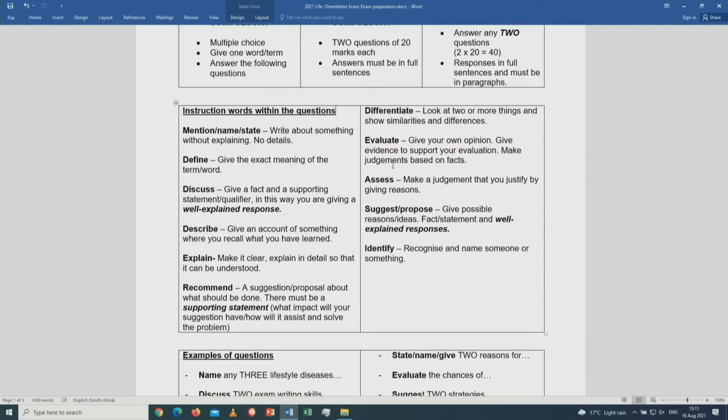You cannot just mention or state or give short, brief answers. You must elaborate and explain and reason and make it understandable to the reader or to the marker.